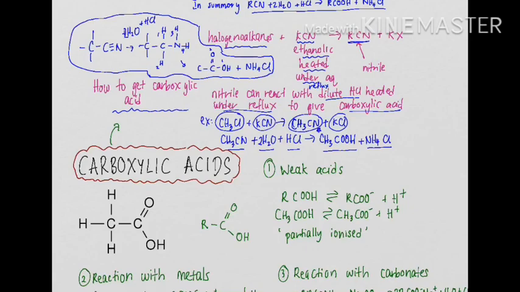If we want to look at it in more detail, let's say I write this molecule, CH3 C triple bond N, and it is reacting with water and refluxing with dilute hydrochloric acid, so you will have water and HCl.